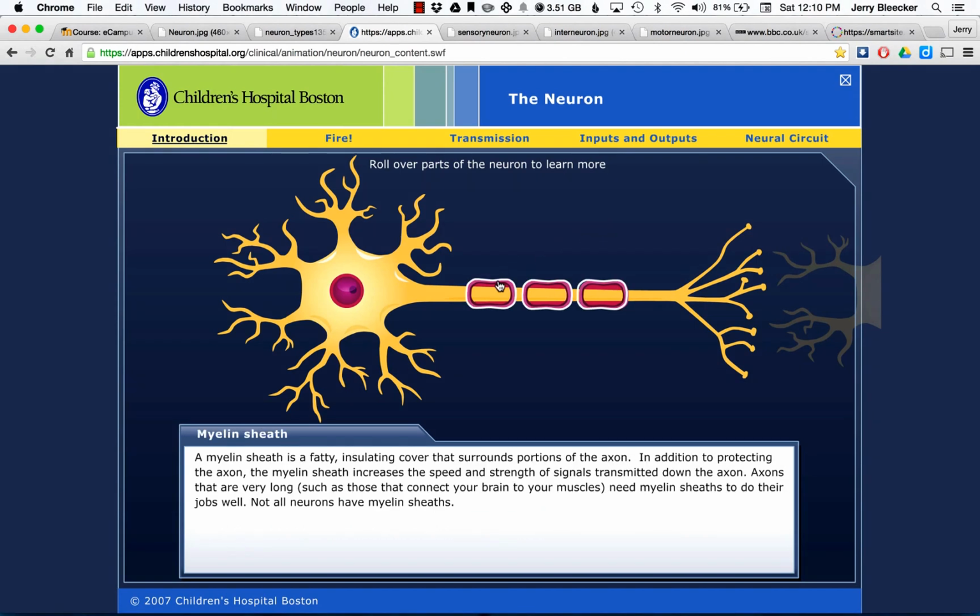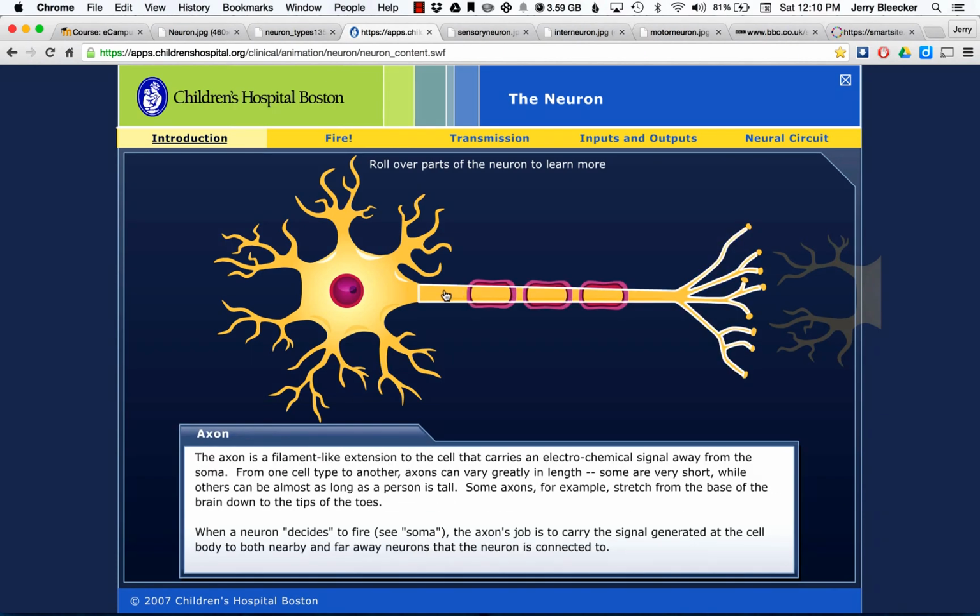There are conditions where these can be nibbled away, an autoimmune disease. Multiple sclerosis targets this material here, so these little insulators, and it makes it harder for the signal to get down the axon, and that leads to all sorts of complications where muscles don't work, problems with vision, etc.